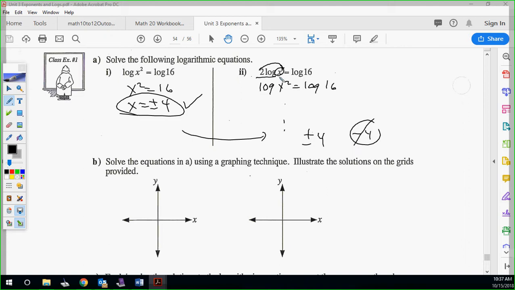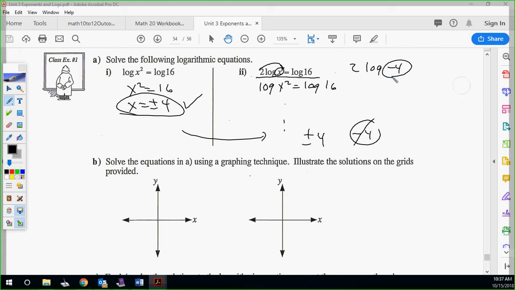When you put a negative 4 for x, it'd be 2 log of negative 4, and we can't have a negative argument if there's no exponent. You can put the 2 back up, but in its current state, it's not possible.